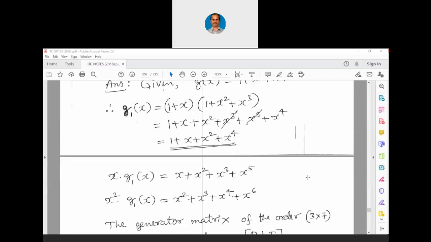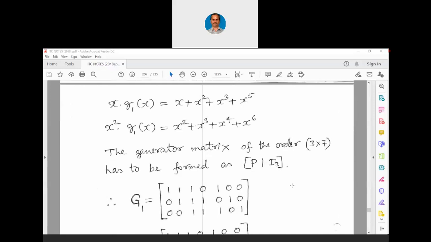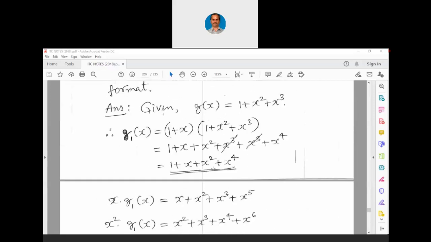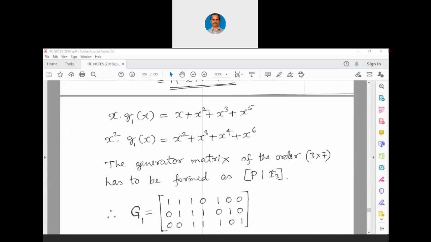We can write the generator matrix. The generator matrix is of the order of 3 cross 7. Now it has to be formed as P piped with I3. So G1 is now, in accordance with these three expressions, 1 plus x square plus x power 4. In accordance with that, we can write here G1 is 1 1 1 0 1 0 0.